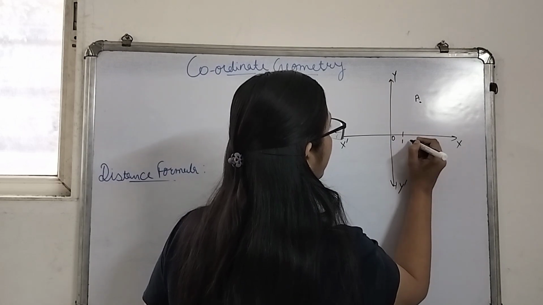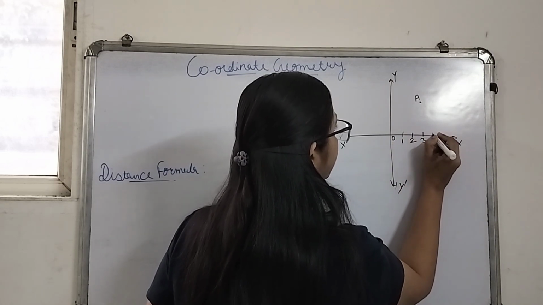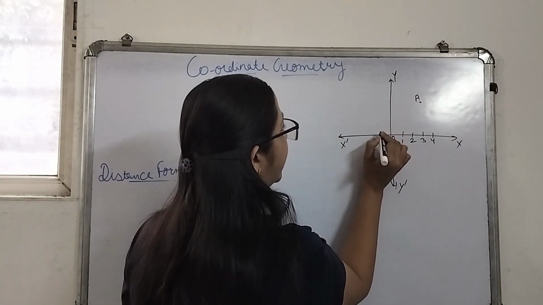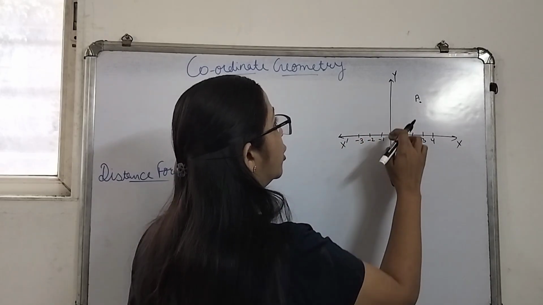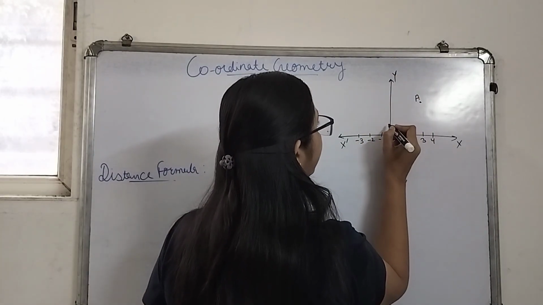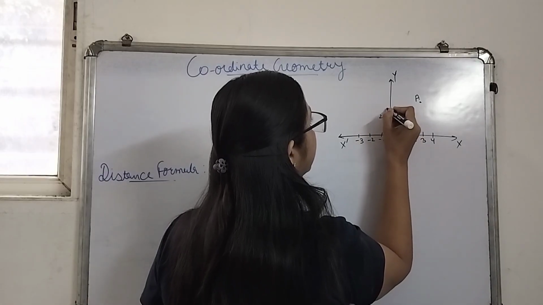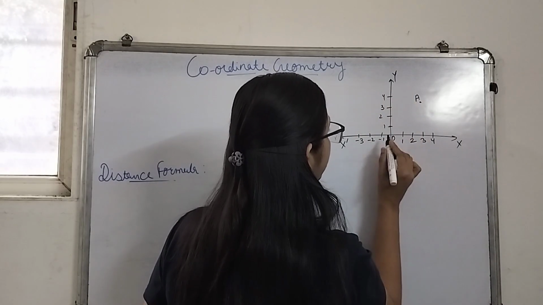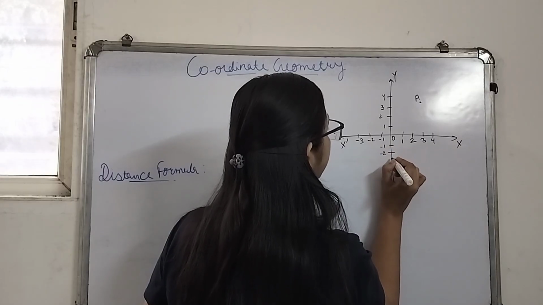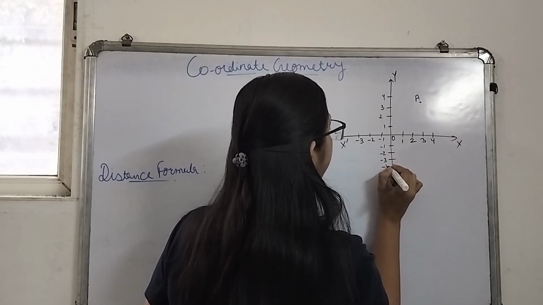If we take the points over here, they will be positive numbers, unit distance, and these will be the negative numbers, negative x-axis. Over here upside it is positive y, and in the downwards direction it is your negative y. So this is how we can locate the points.